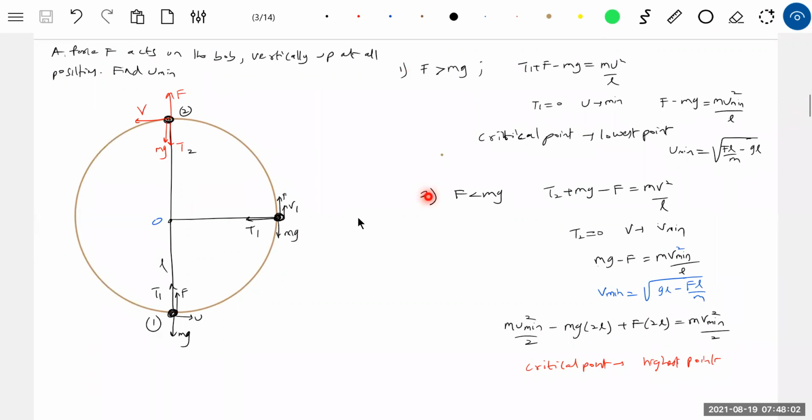Sir, in both the cases we can take F equal to mg. Here, if F equal to mg, tell me what will happen here. Yes, sir, the minimum velocity will become 0.